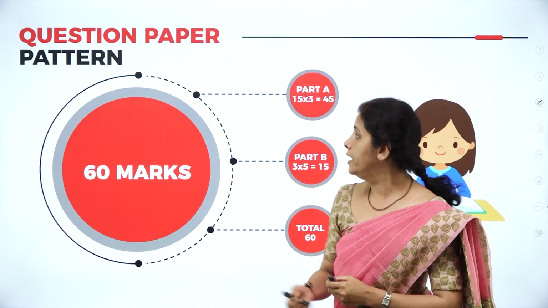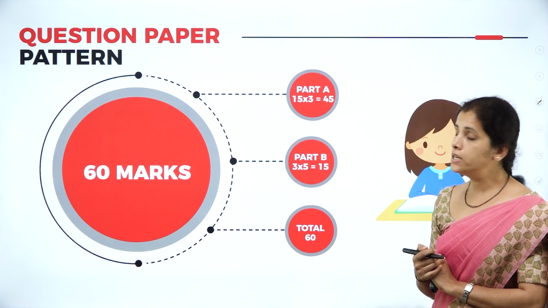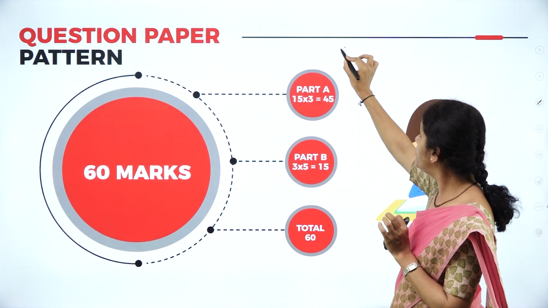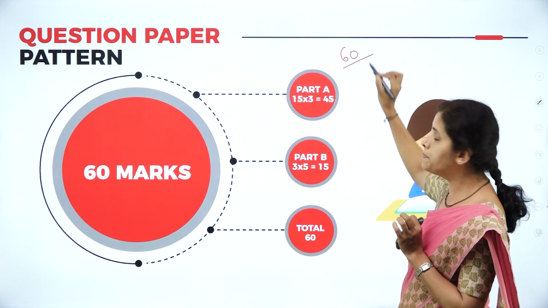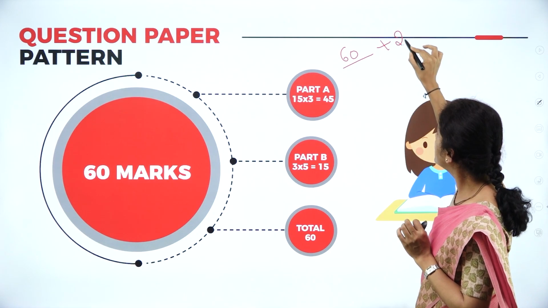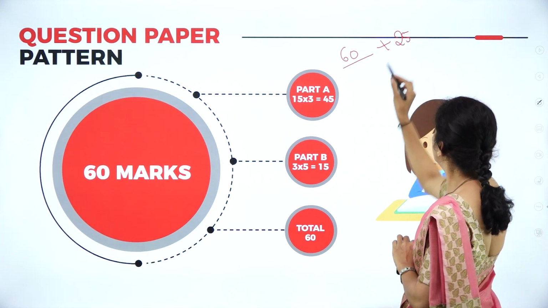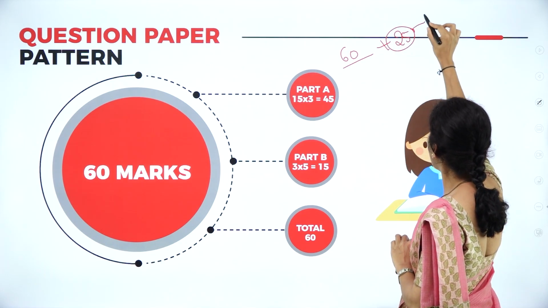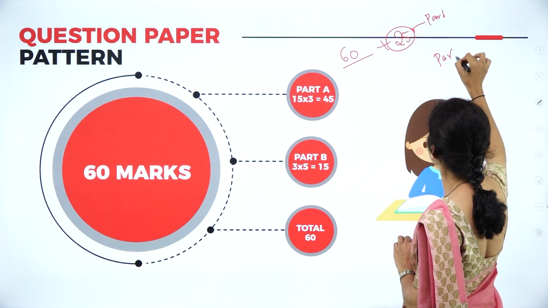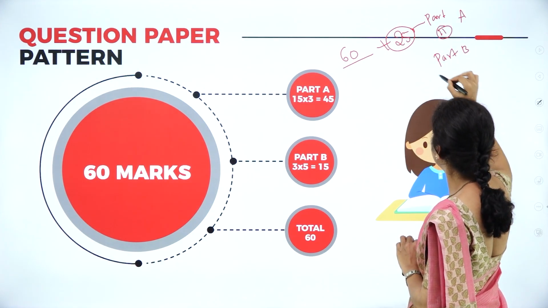And if I consider the external exam, dear student, this paper is only for 60 marks. Theory paper, 60 marks, plus practicals, 25. In practicals, we have part A and part B. Part A, how many programs? 11 programs.